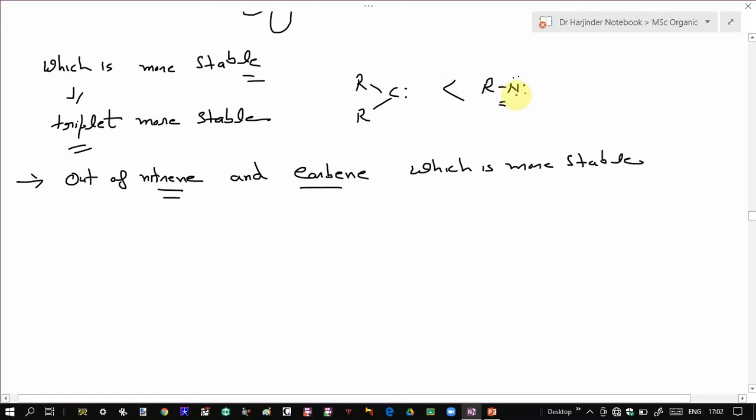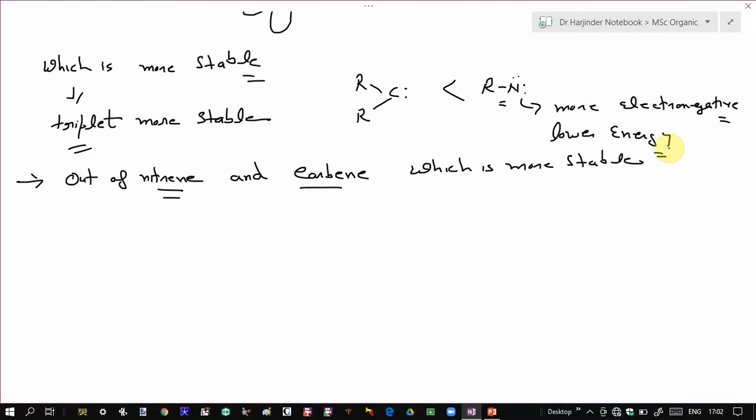Why? Because this nitrogen is more electronegative. And since it is more electronegative, it holds this non-bonded pair of electrons closer to itself as compared to carbon. So these nitrenes have lower energy and more stability. So out of these carbenes and nitrenes, these nitrenes are more stable. And why are they more stable?